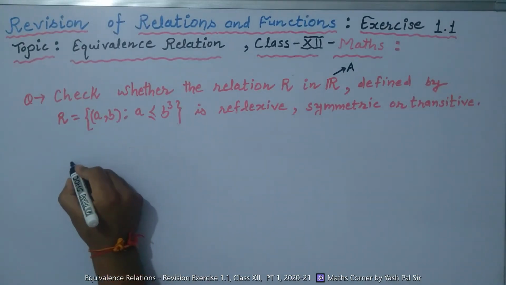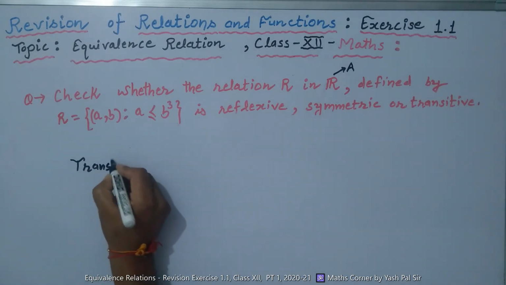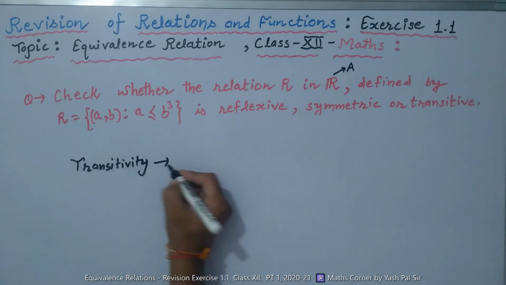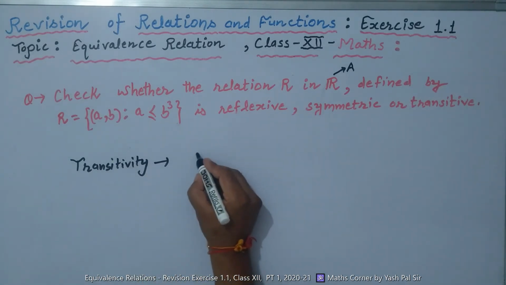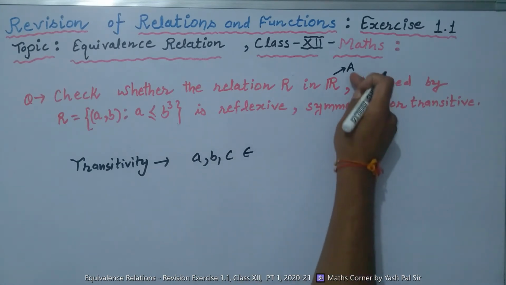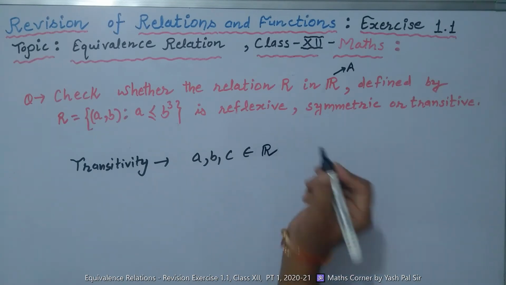For transitivity, what do we do? Here we take three elements a, b, c, which belong to the given set A, which is here the set of all real numbers.